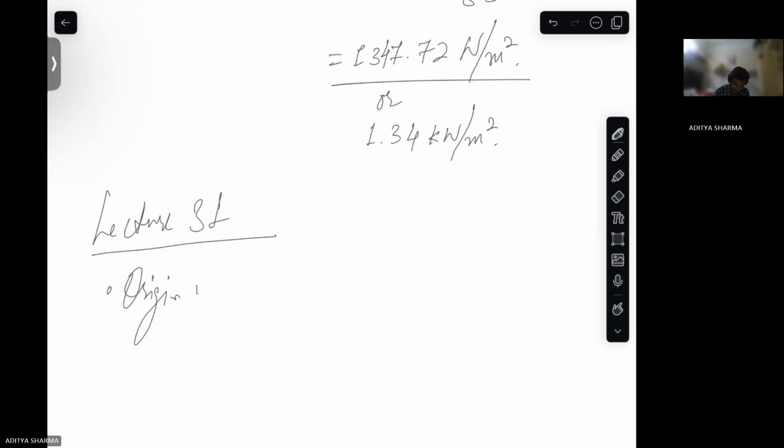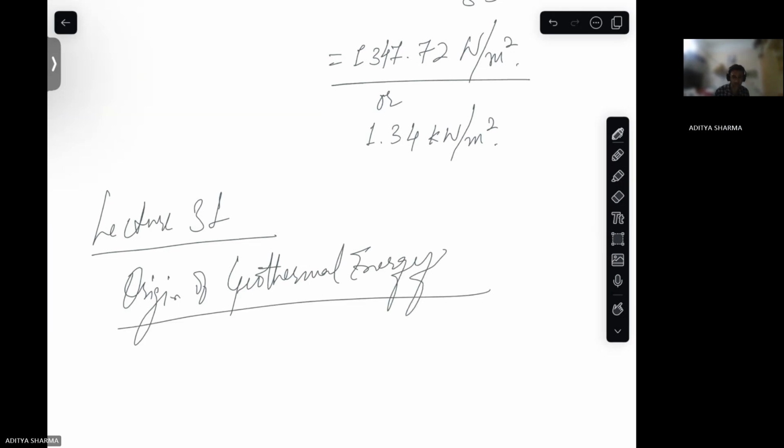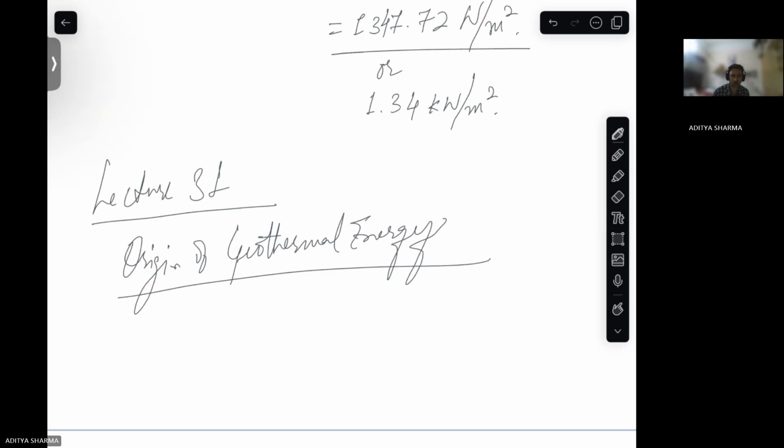Origin of geothermal energy. So what is the source of geothermal energy?